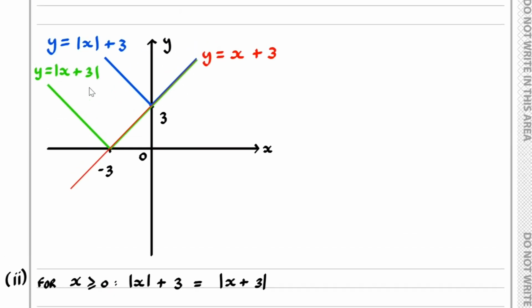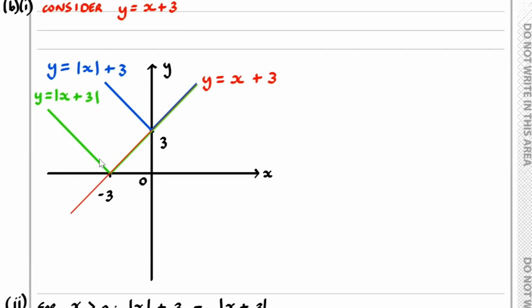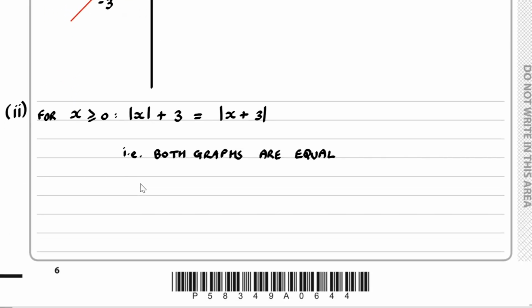And if we take a look at the graph for values of x being less than 0, we see that the blue graph is greater than the green graph. This graph is greater than this graph. So, for x being less than 0, the mod of x plus 3 is greater than x plus 3 all modded.